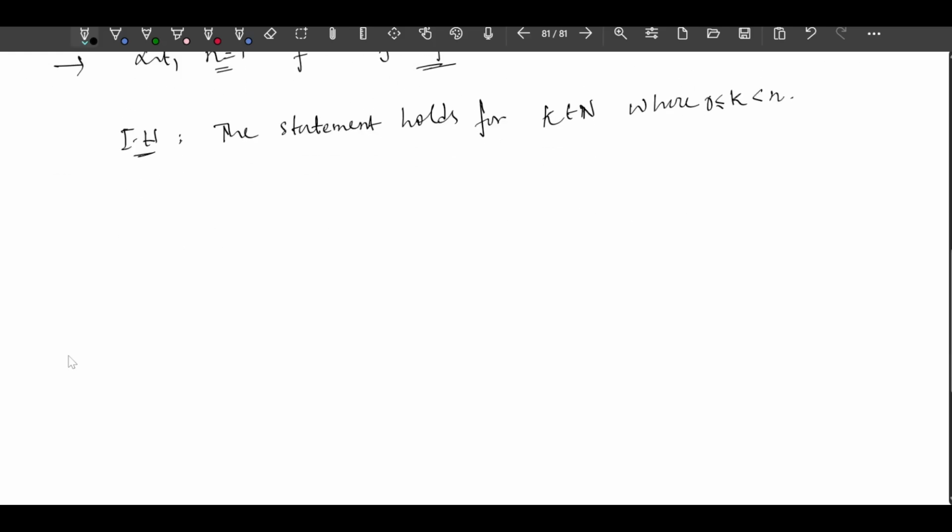Now my inductive step: what we have to show is that F to the power k plus 1 is an isometry, then we are done. This is our claim.